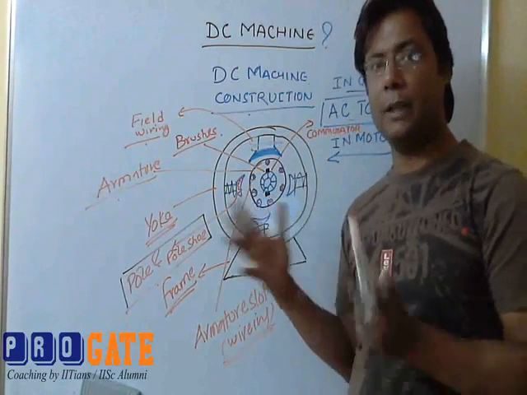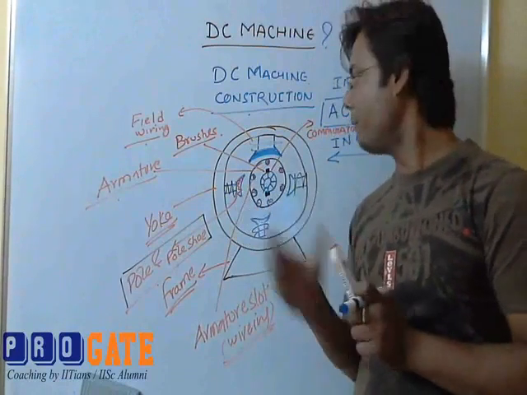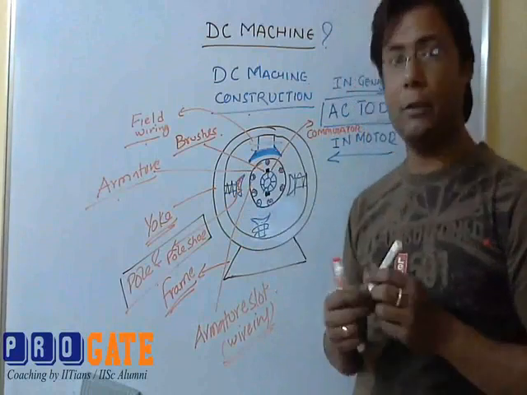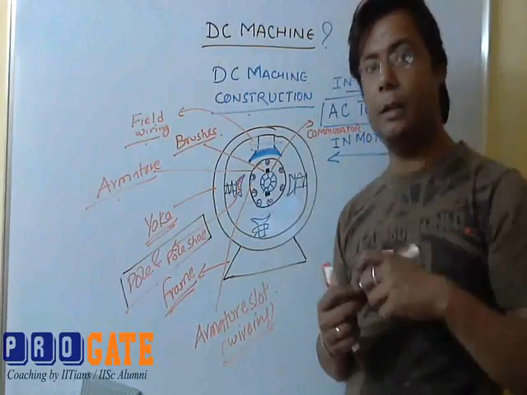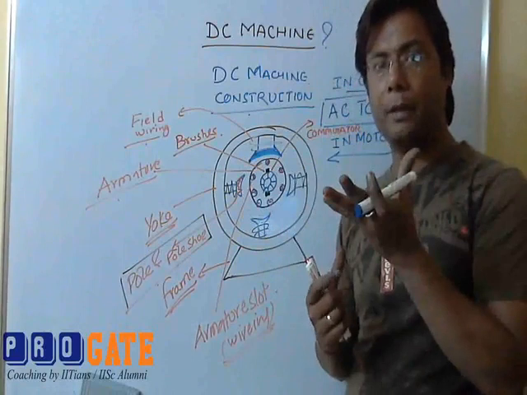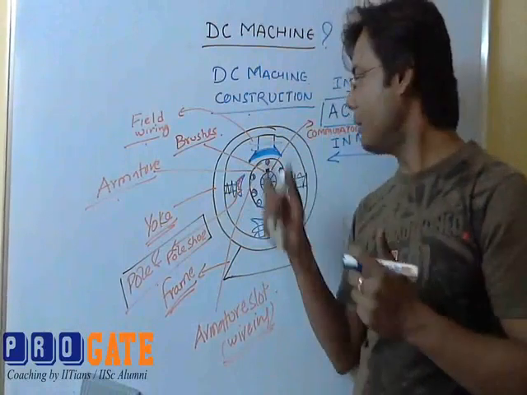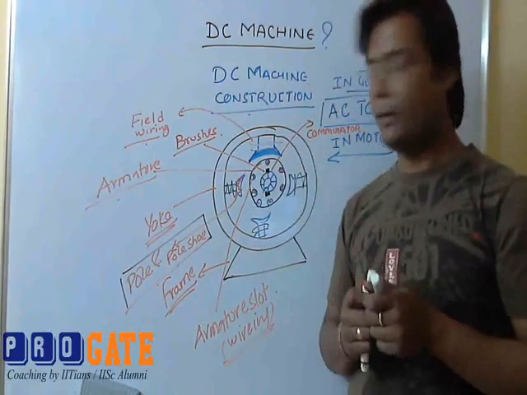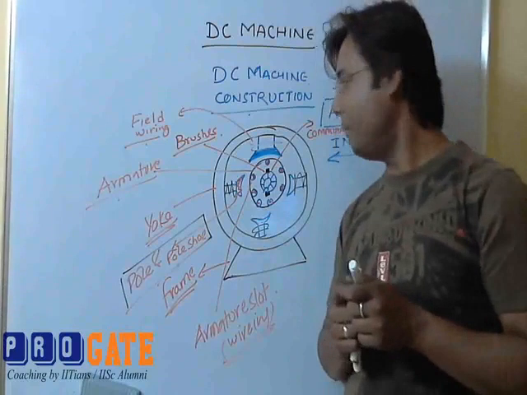So to support the field winding there should be something mounted below the pole, which is called the pole shoe.